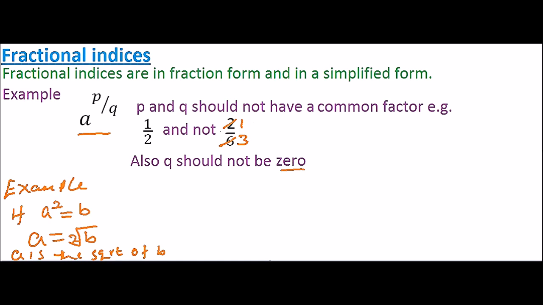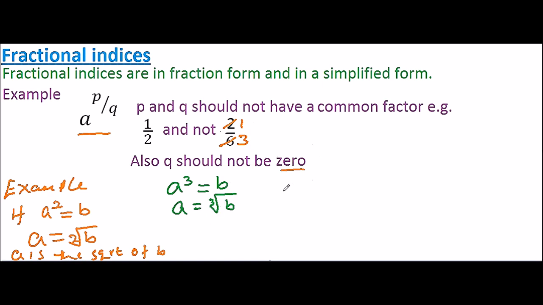Again, we can say that a cubed is equal to b. Then what this means is that a is equal to the cube root of b. Here we put 3.